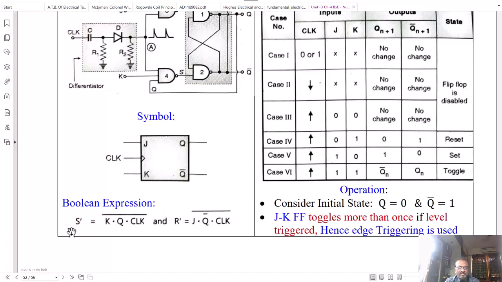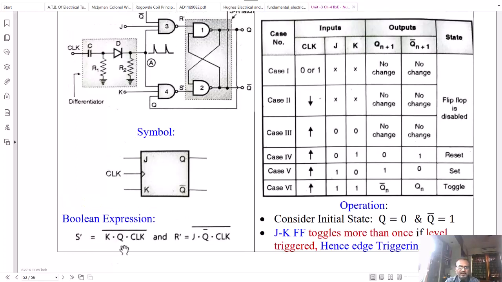The output expression from this circuit can be written as follows: the S dash output, that is the intermediate output, is K, Q and clock complement, and the R dash input to the basic SR flip-flop is J, Q bar and clock complement. That is basically the NAND operation. You can very well see here, K, clock and Q is the AND operation, complemented by gate number 4.